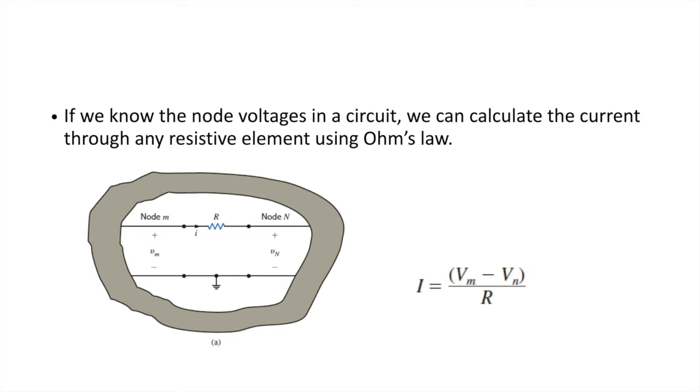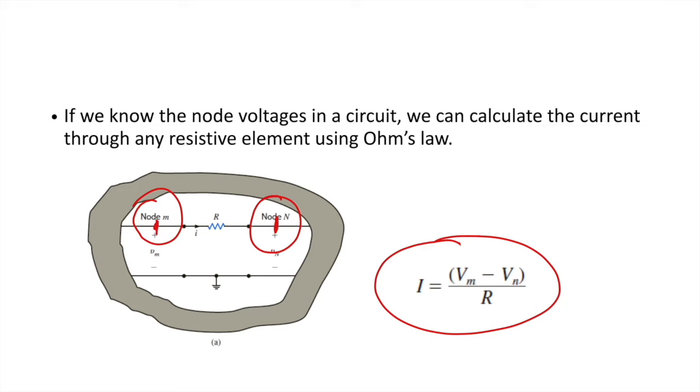Let's take a look. For example, we have two nodes, node M and node N. When the voltage at node M and the voltage at node N are known, we can easily calculate the current flowing through the resistor, which equals Vm minus Vn over R. This is Ohm's law.